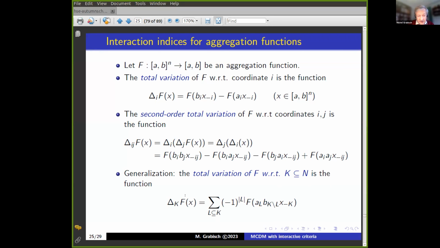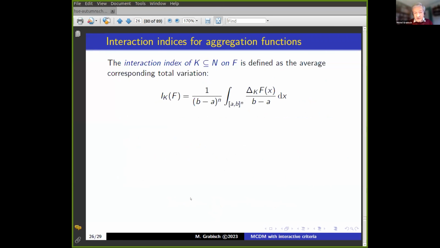Don't forget it's defined at some point x. So now we have to consider every possible point x. So we take the integral over the domain of the total variation, and this is defined as the interaction index for subset K of attributes.